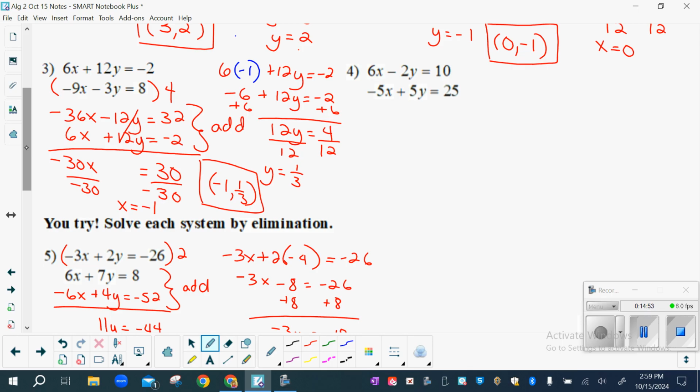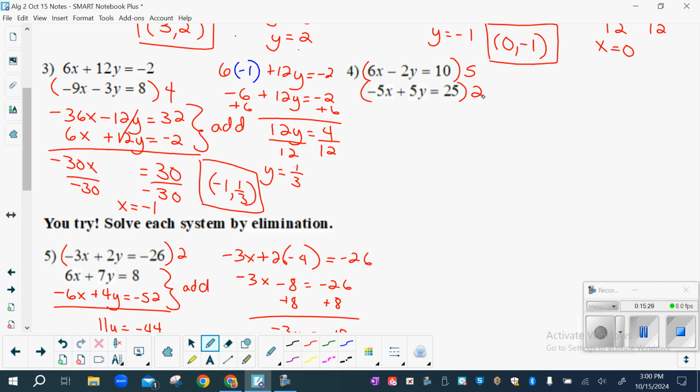It doesn't matter whether we choose the numbers in front of x or y. I'm going to choose the numbers in front of y just because they're smaller. What's the smallest number that negative 2 and 5 go into? 10. So I'm going to multiply this one by 5 and this one by 2, making sure my signs are opposite. They're already opposite. Does that make sense?